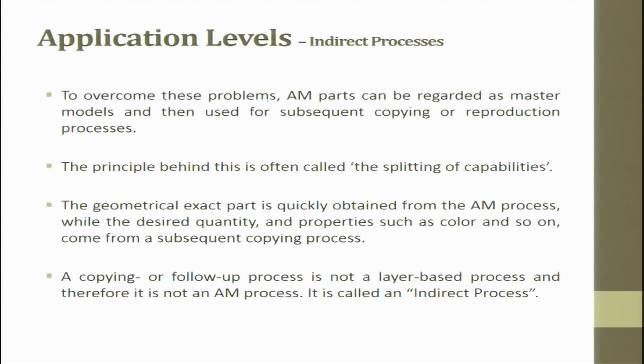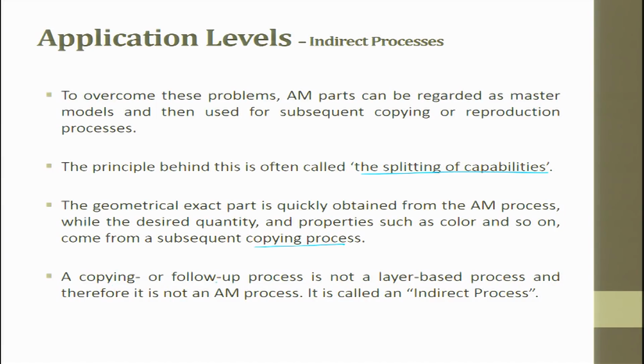To overcome these problems, AM parts can be regarded as master molds and then used for subsequent copying or reproduction processes. The principle behind this is often called the splitting of capabilities. The geometrically exact part is quickly obtained from the AM process, while the desired quantity and properties such as color and so on come from the subsequent copying processes.